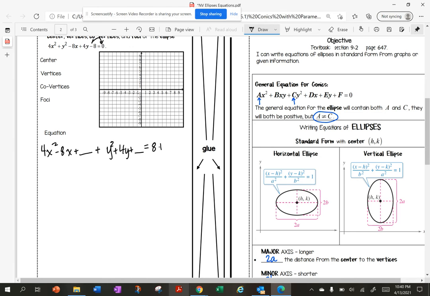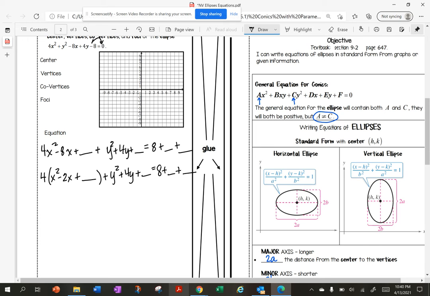So that's 8 plus 2 somethings. All right, for the x terms, I need to factor out 4 first. So this is going to be 4 times x squared minus 2x plus something plus y squared plus 4y plus something equals 8 plus something plus something.